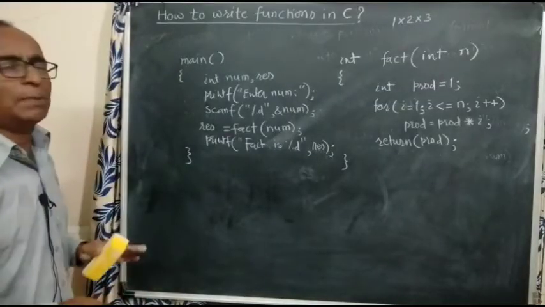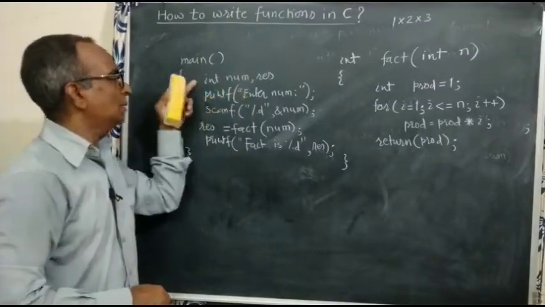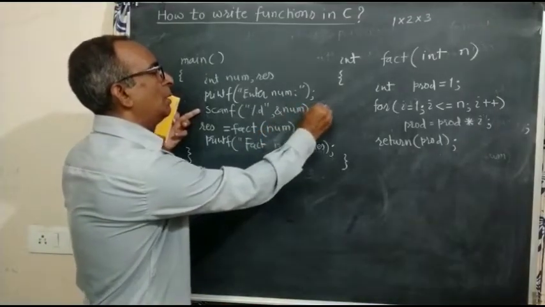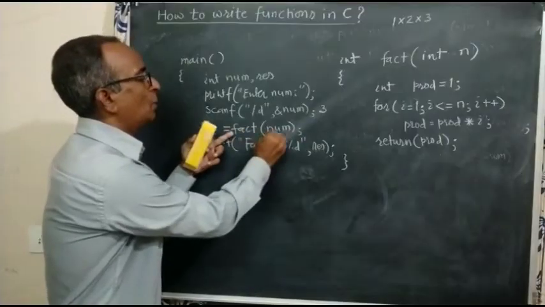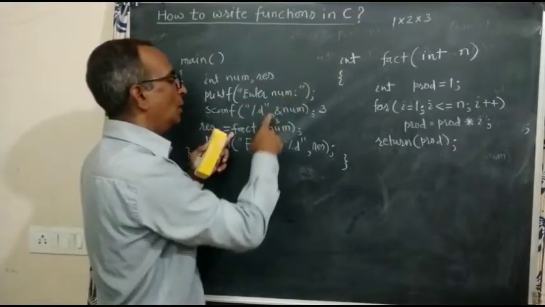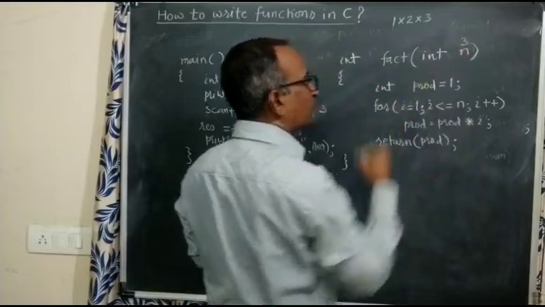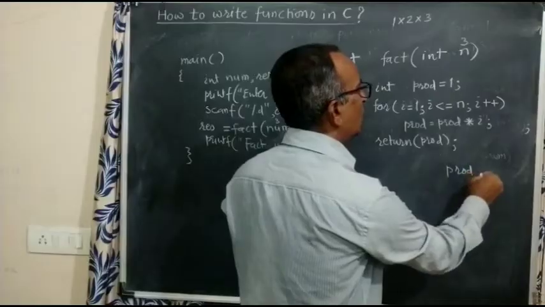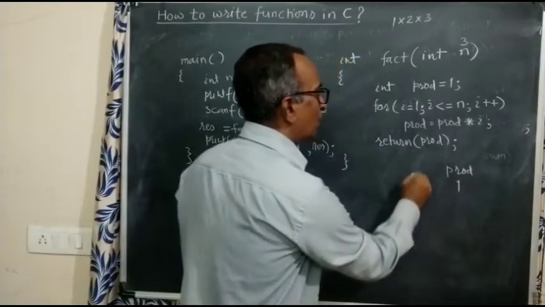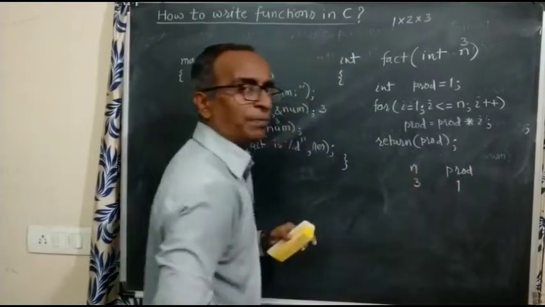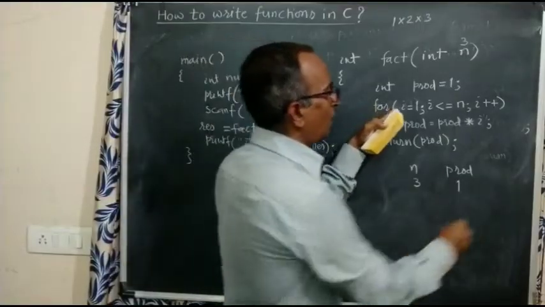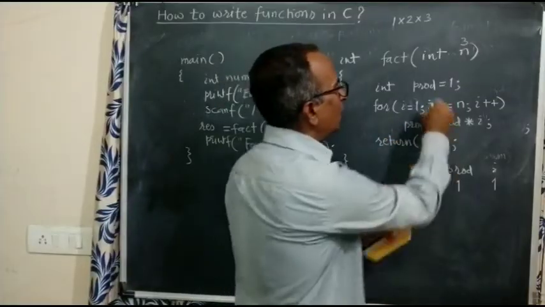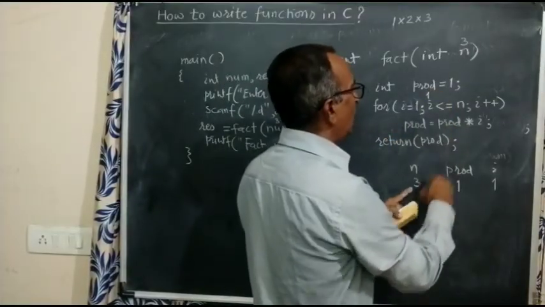So execution takes place here. Number and result declared, enter number. In number, suppose you have read 3. Fact of 3 is called, 3 will be copied into n. Product is initialized to 1. How will it do, see. N is here 3. Then it will come here. I value initially will be 1. 1 less than or equal to n. What is n value? 3.